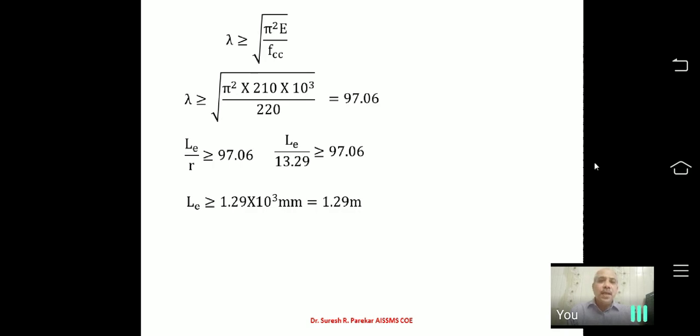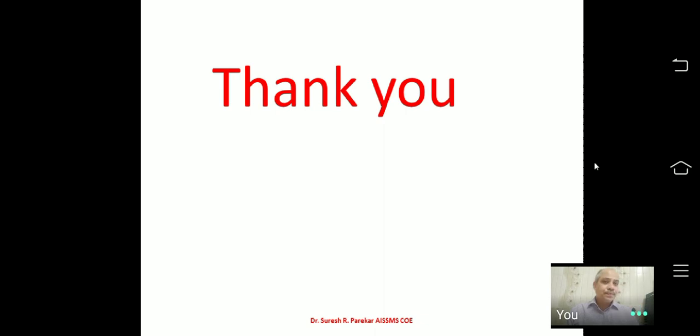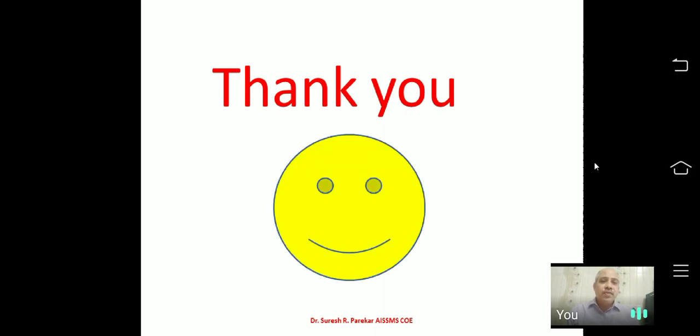But if it goes below this, then we cannot use Euler's formula. So we are going to cease it at 1.29 meters. So this is related with columns. So we have now completed columns.